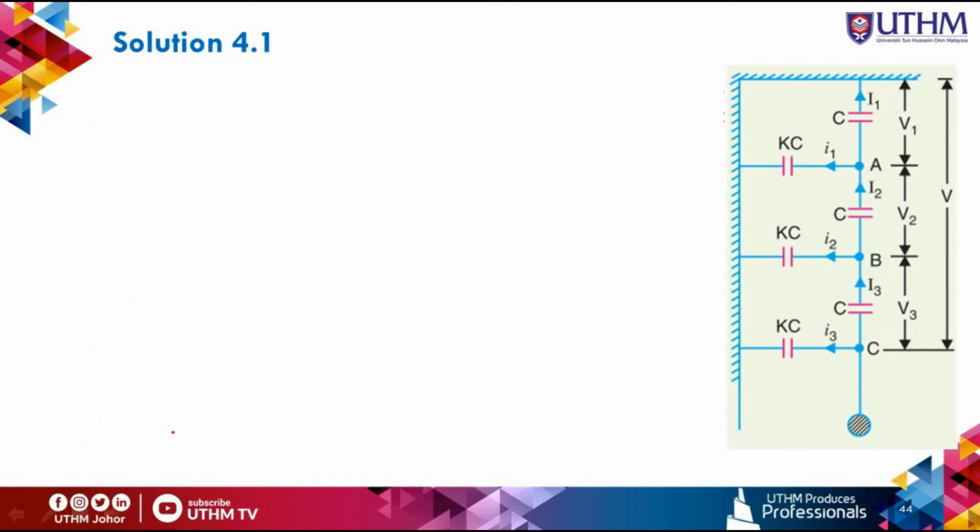So at node A, this is the node A. I2 equals capital I1 plus small I1.